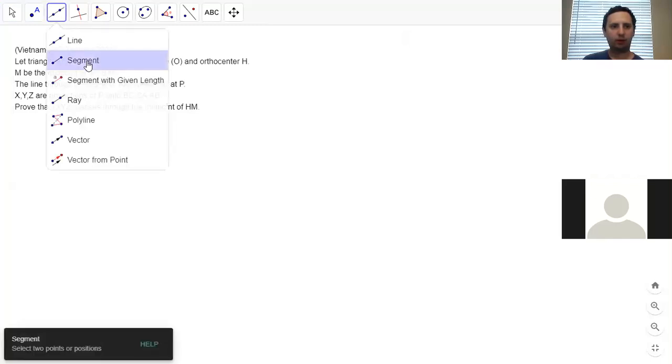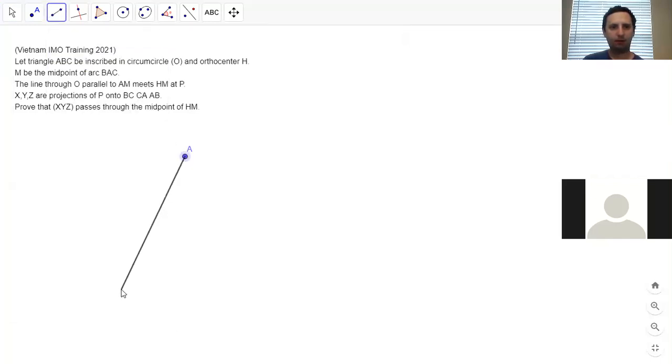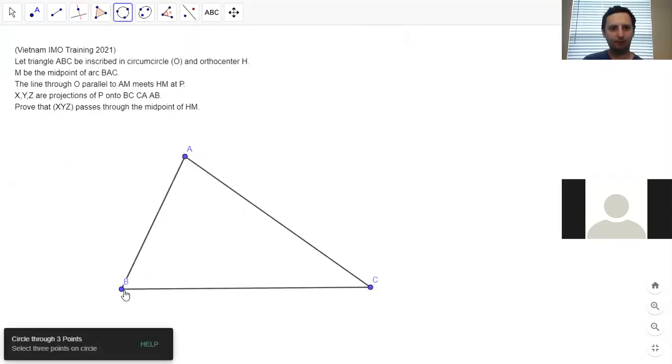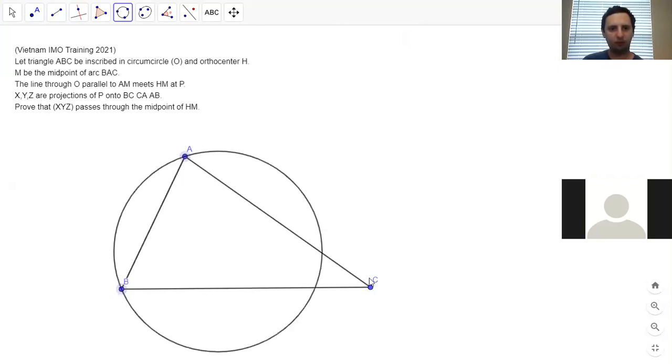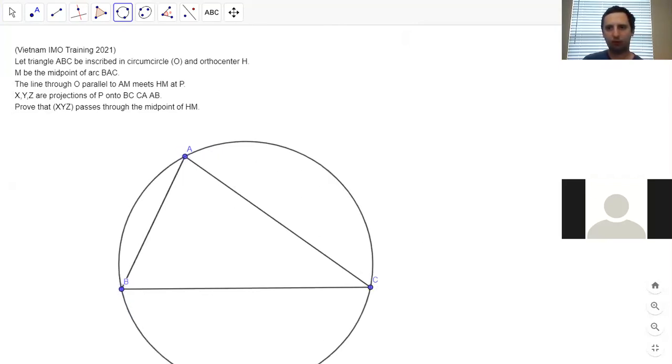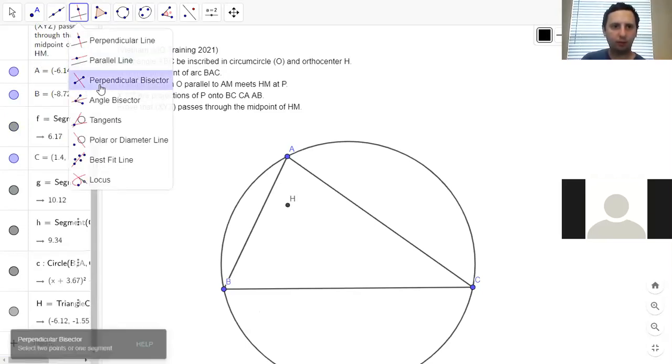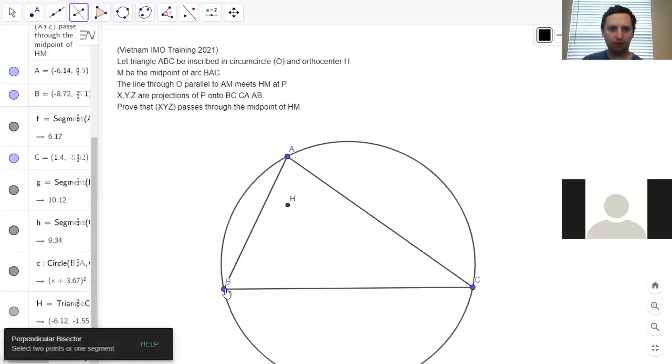But here it is. So we have the triangle ABC. It's in a circumcircle O and has orthocenter H. And M is the midpoint of arc BAC. So I'm going to draw the orthocenter H, and now I will draw the midpoint of arc BAC.